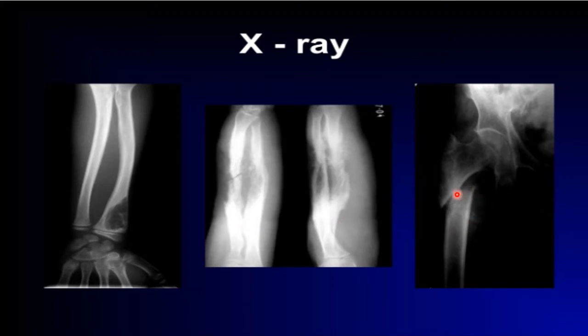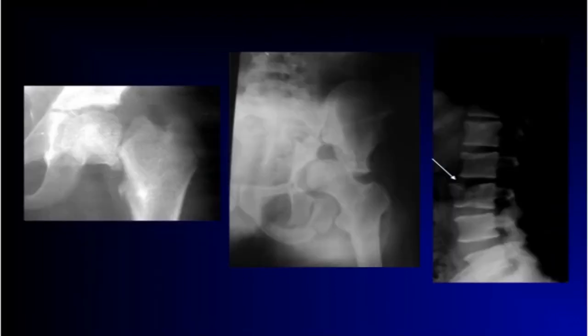This is a subtrochanteric fracture of the femur. Another example of fracture neck of femur, the previous one we saw was a subtrochanteric. Subtrochanteric is below the lesser trochanter.